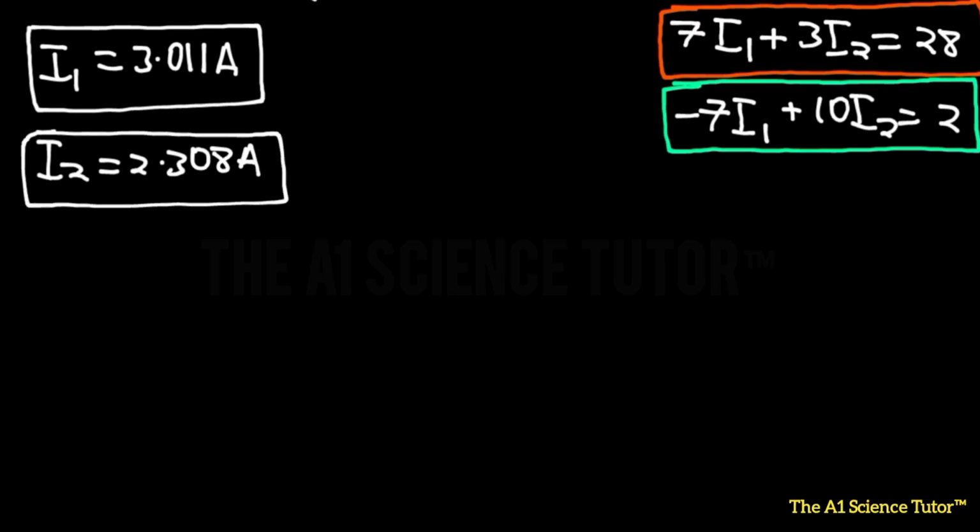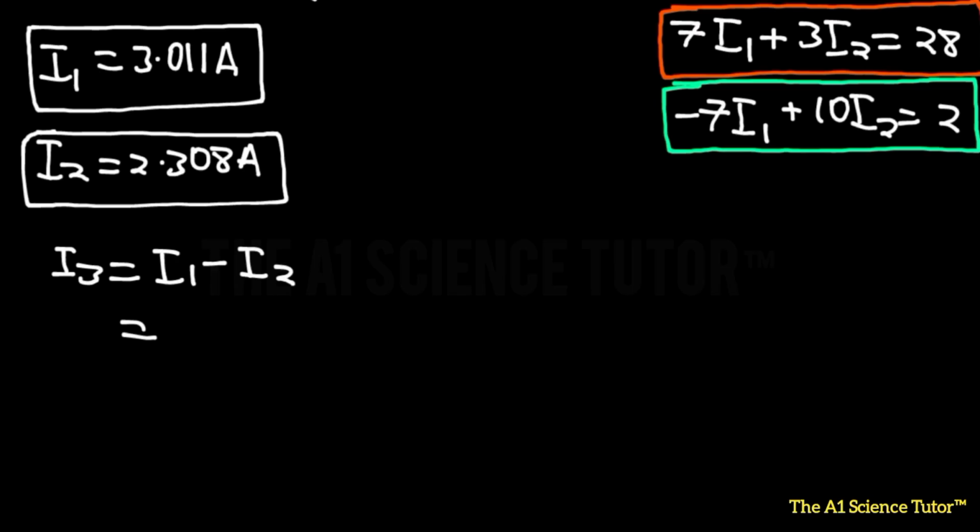Now from here we can find out what will be I3. We know that I3 was supposed to be I1 minus I2. So let's find that out.